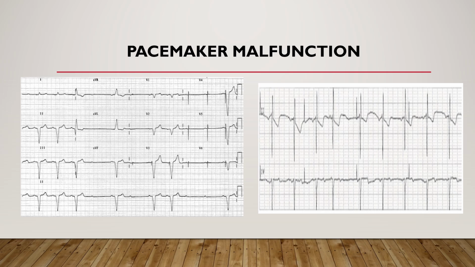In undersensing, the pacemaker doesn't see the native QRS complexes or P waves and doesn't recognize them. Undersensing of a native rhythm can be considered as a risk factor for arrhythmias, such as R-on-T phenomenon. Oversensing can be a problem in patients with pacemaker who undergo surgery when cautery is used.